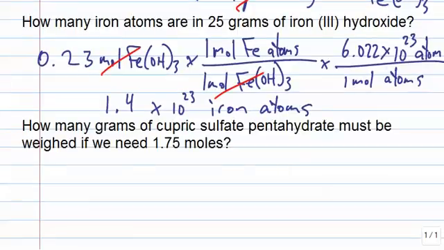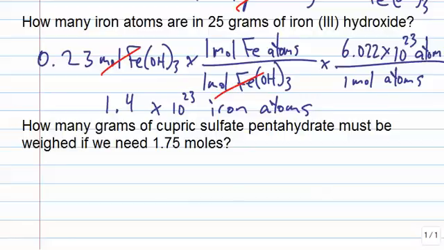Now, one more quick example here before we finish. Remember from our molar mass video, or if you don't, we will explain it again, that many ionic compounds contain water as part of their formula unit. And so we have things like cupric sulfate pentahydrate, which contains 5 moles of water for each mole of cupric sulfate.